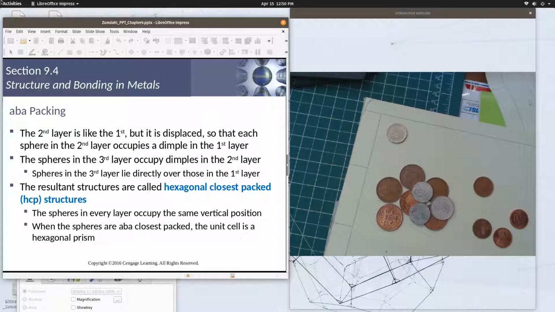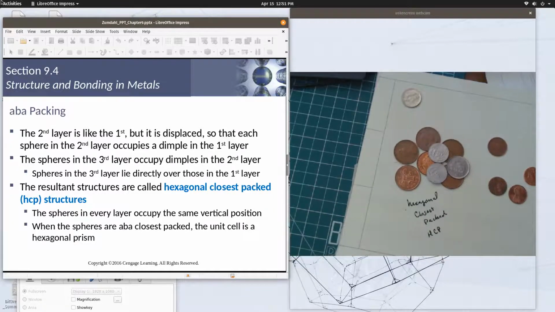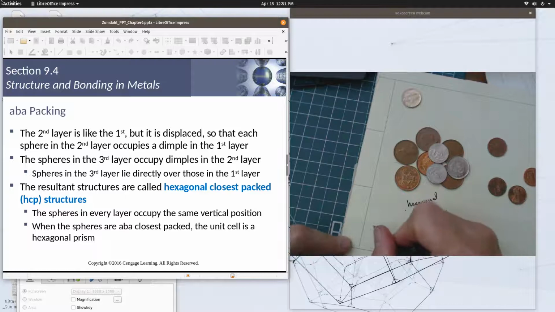These are called hexagonal closest packed structures, okay? And there are two. There's an ABA or ABC.